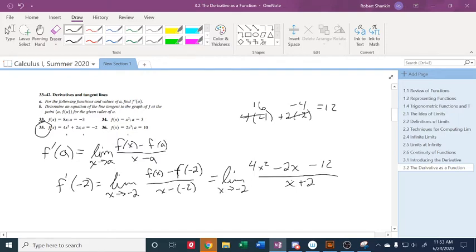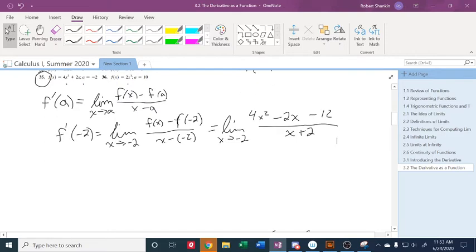Now, you can see why we tend to prefer the other definition. This one is easier to understand and easier to visualize, but it's harder to do the computations with. Whereas before all I was left with was the h in the denominator, I have to factor the numerator, and I have to make sure that x plus 2 becomes a factor of the numerator in order to cancel with this.